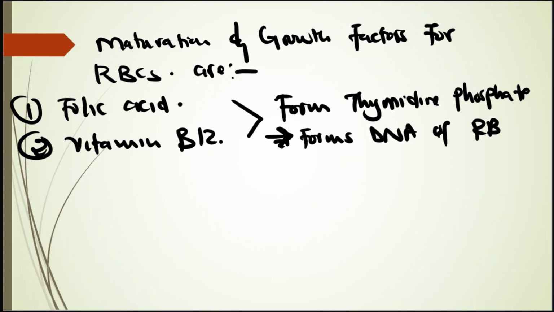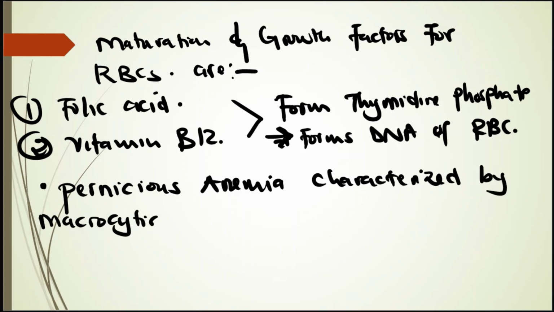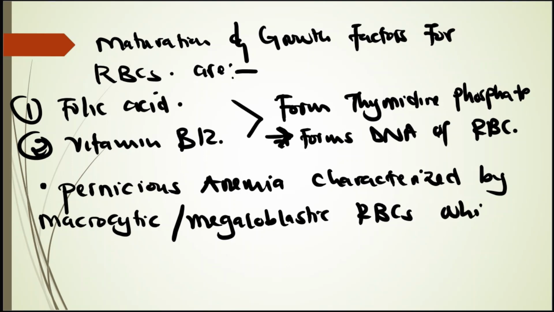of red blood cells. Now, if you don't have folic acid and you don't have vitamin B12, you're going to have a condition called pernicious anemia. Pernicious anemia is characterized by macrocytic, which means big, or megaloblastic red blood cells, which have a very short lifespan.